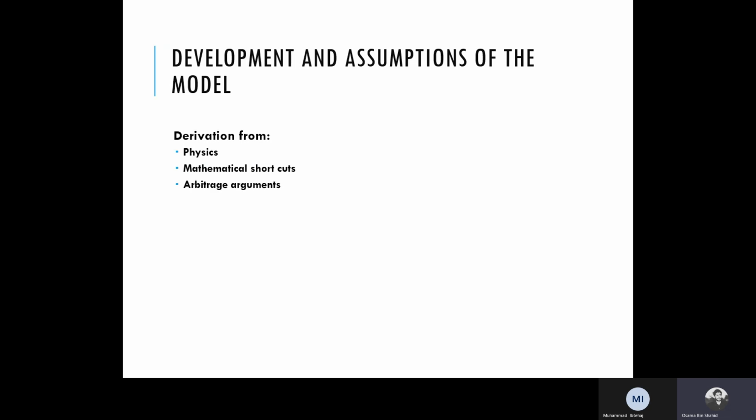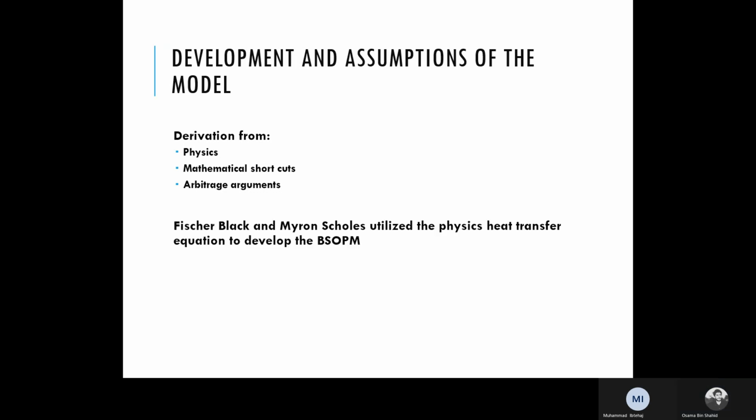And arbitrage argument. There is an arbitrage argument that we use to develop the formula. These are the names of the persons who basically created the Black Scholes model, and it was named after them. Fisher Black and Myron Scholes utilized the physics heat transfer equation.